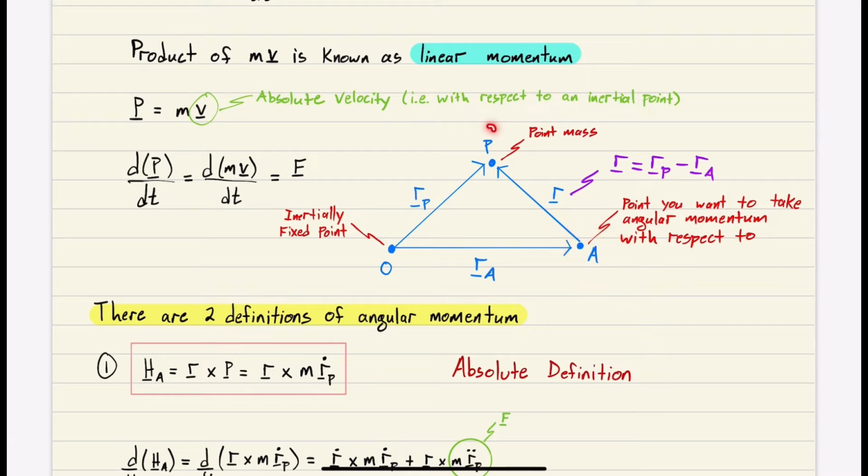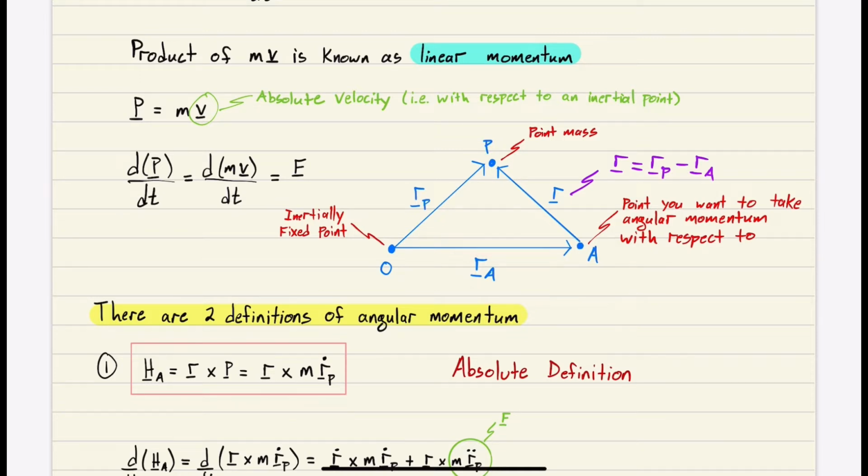And then we have point P, which is our point mass, our point of interest that we're taking the angular momentum of, right? So this vector pointing from our inertially fixed point to our point mass, this is vector R_P. Pointing from O to our point A, that is R_A.